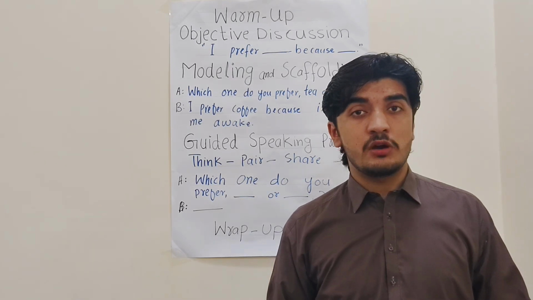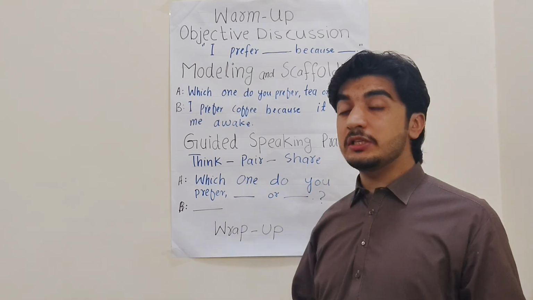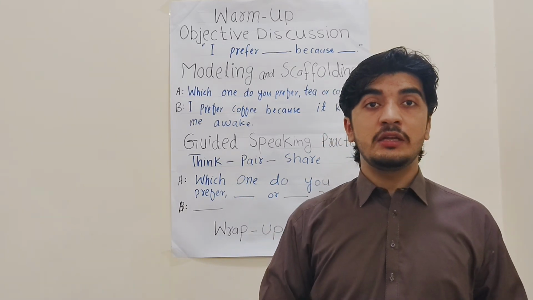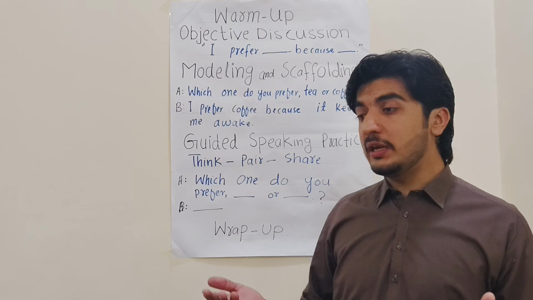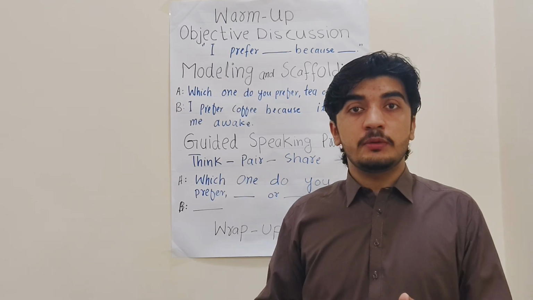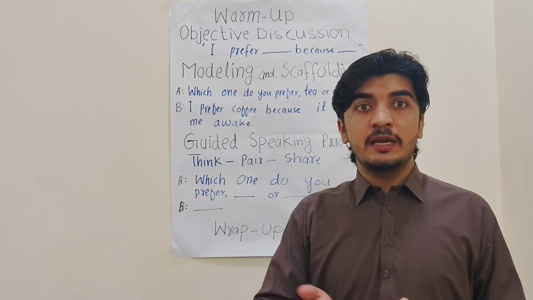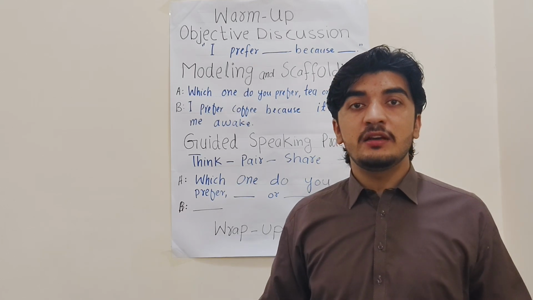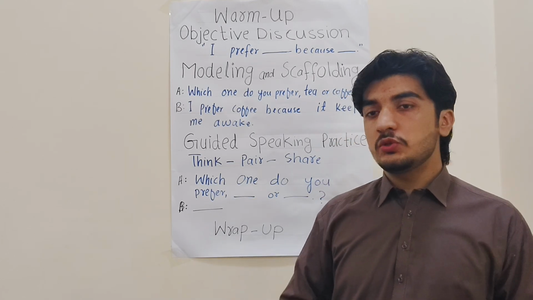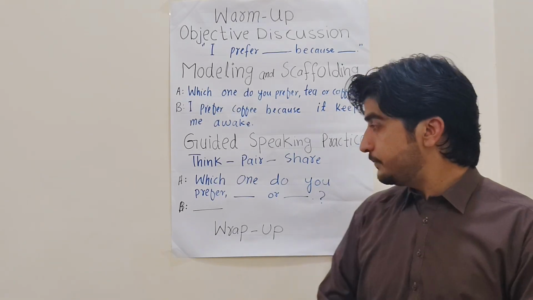You can talk about your hobbies as well as your school subjects, anything you like. For example, if someone asks you which one do you prefer, maths or English, I would say I prefer maths because I like problem solving. So now it's your turn. Do it.